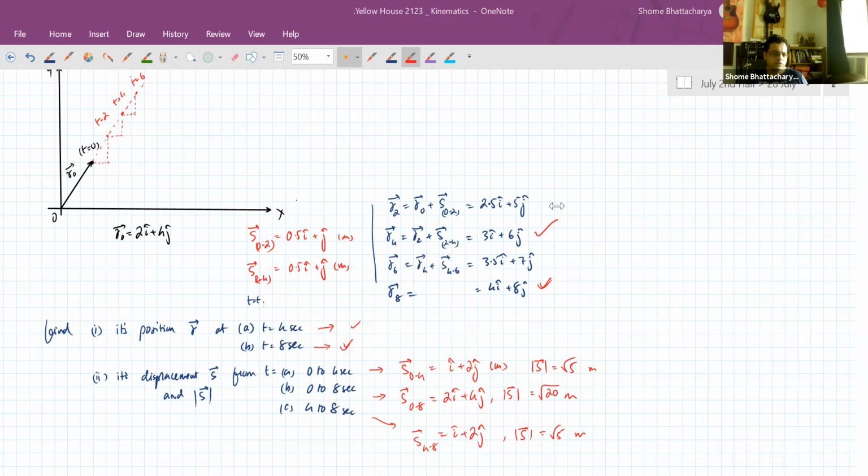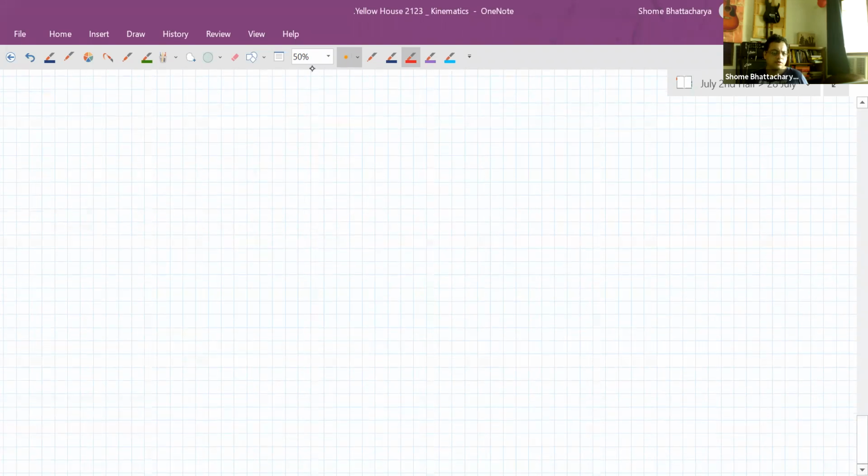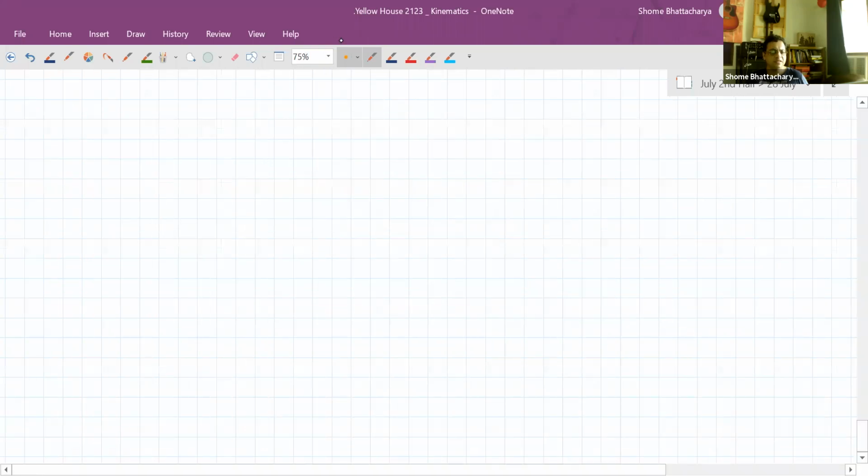Okay, so very good, Anirudh and Kirti, your answers are correct. Now the next type of question, so hope this is clear to all of you. Another type of question is sometimes where position is given as an instantaneous value.